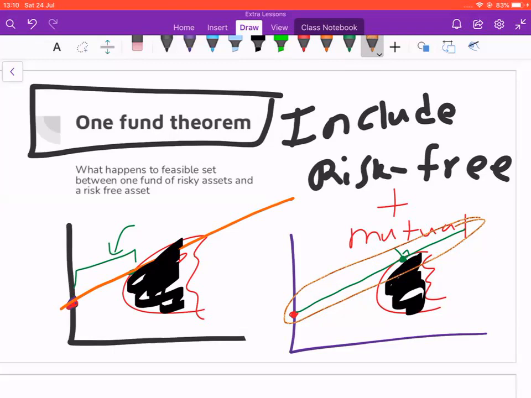In other articles, they say you are maximizing your Sharpe ratio, but in our course it is much better to use the name tangent portfolio. So this portfolio over here is our tangent portfolio.